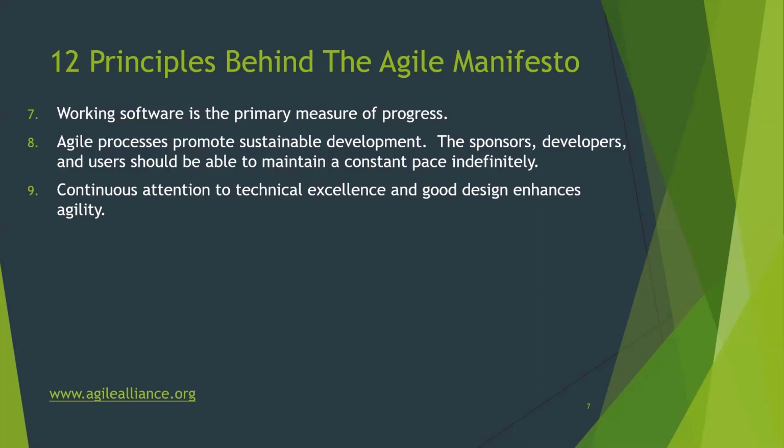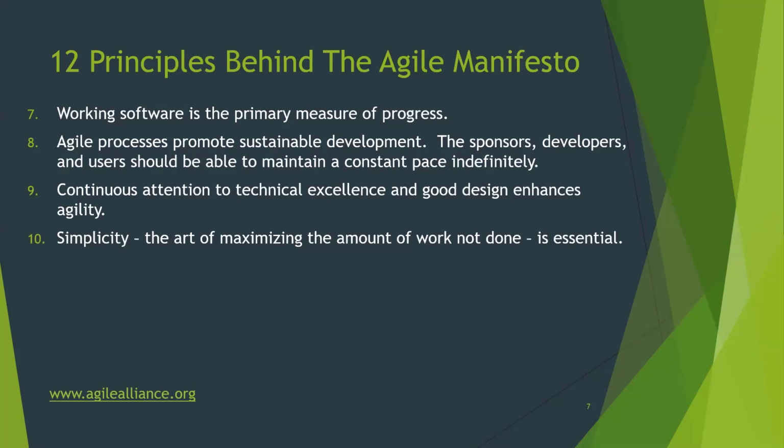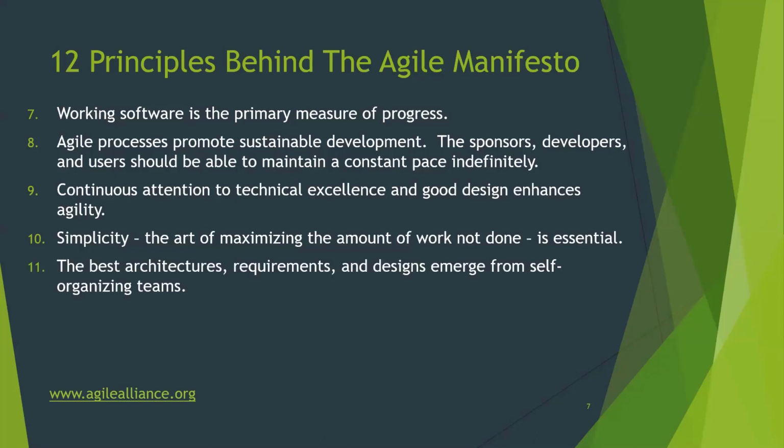Continuous attention is paid to technical excellence, with the idea that good design enhances increased agility within the project team. The art of maximizing the amount of work not done is essential and keeps it simple. It's meant to be a simple approach to continuous progress on a project.